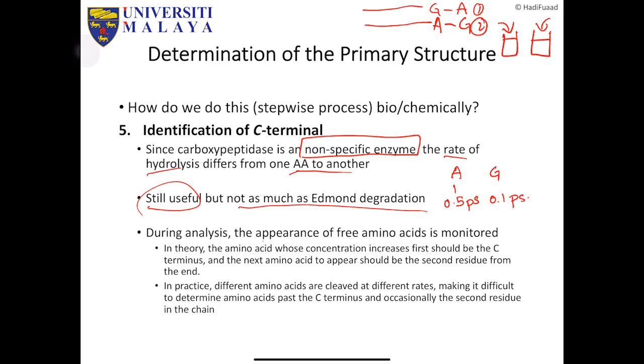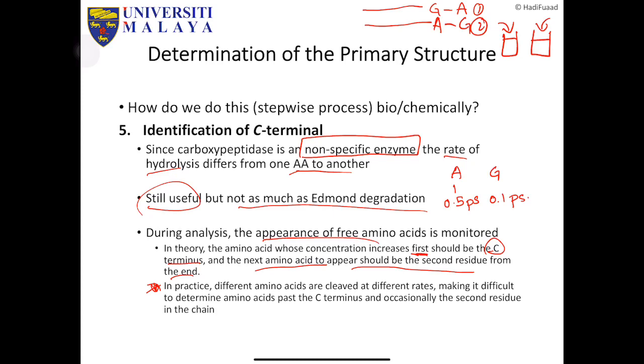So during analysis, the appearance of free amino acid is monitored. In theory, the amino acid whose concentration increases first should be the C terminus, and the next amino acid that appears should be the second residue from the end. But in practice, different amino acids have different reaction rates, so it makes it difficult to determine which amino acid is actually the first and the second residue.